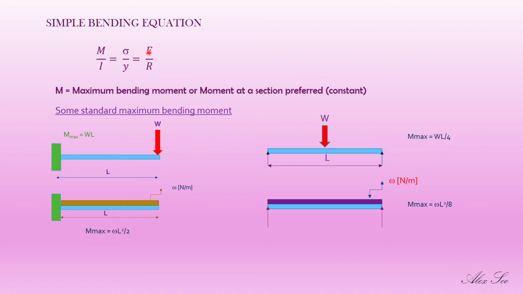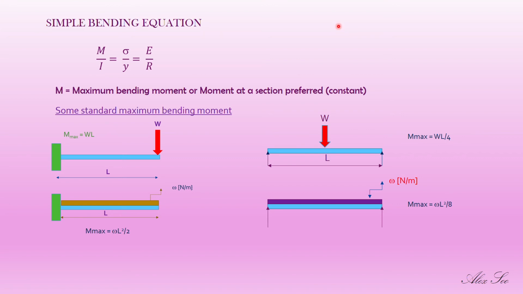Now we know that E is Young's modulus and R is the radius of curvature. For example, if this is a simply supported beam and you have a load acting on it, it causes the beam to bend and form an arc. From the end sections of the bent beam, you draw a line forward and forward until both lines touch at one point.